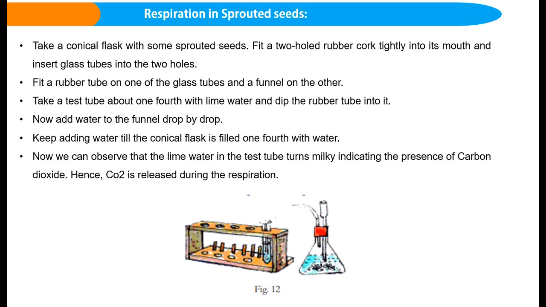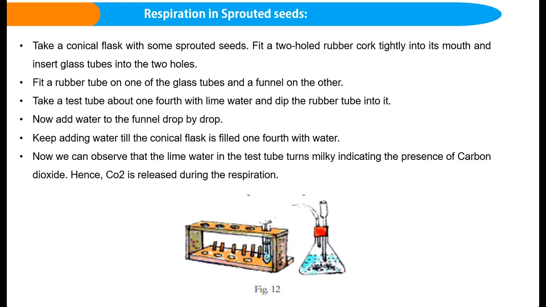Fit a 2-hole rubber cork tightly to its mouth and insert glass tubes into the 2 holes. Fit a rubber tube to one of the glass tubes and a funnel to the other. Take a test tube about 1/4 with lime water and dip the rubber tube into it.